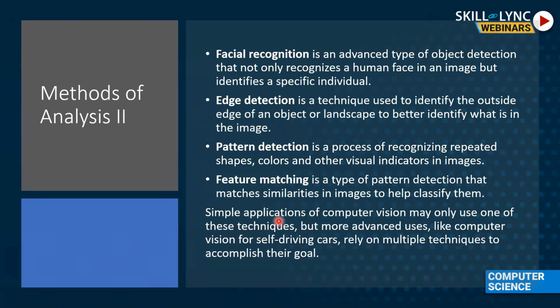For example, if we want to detect some words on an image, what we need to do is reject the rest of the background. Suppose there's a piece of paper in the image that has some words in it, we need to reject the background. We only need the words, so we can extract some features from the image, and then we can do some feature matching. And this is an analysis method that we can use in our computer vision applications.